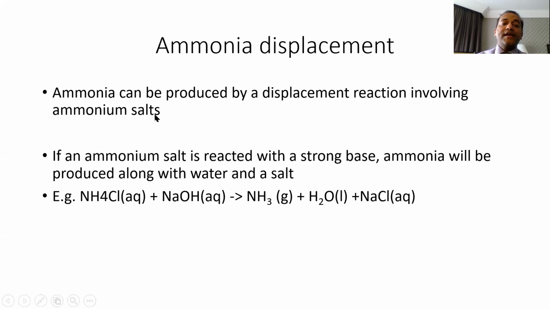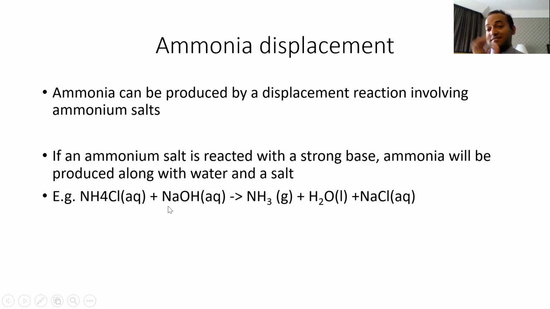Now, ammonia can be produced by a displacement reaction involving an ammonium salt. When you talk about ammonium salt, it means any compound that contains the ammonium ion. So in this example, when an ammonium salt reacts with a strong base, for example sodium hydroxide, ammonia will be produced with water and salt.